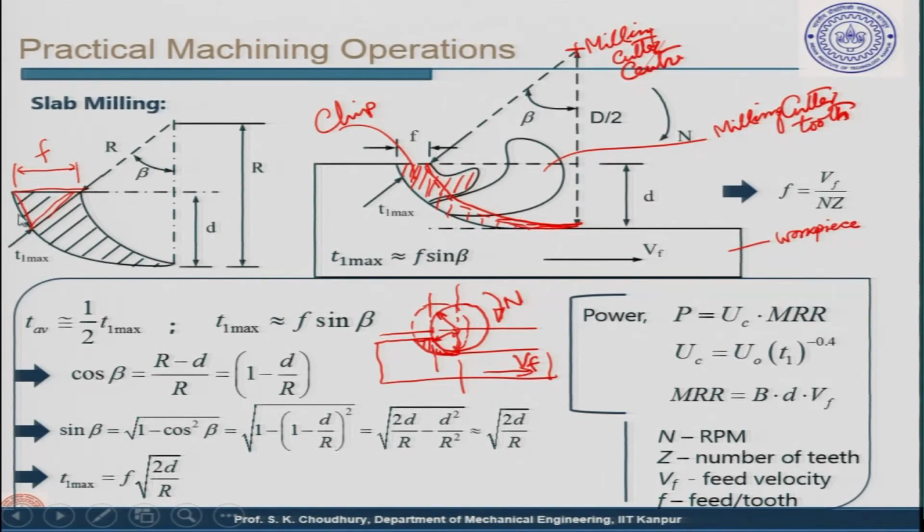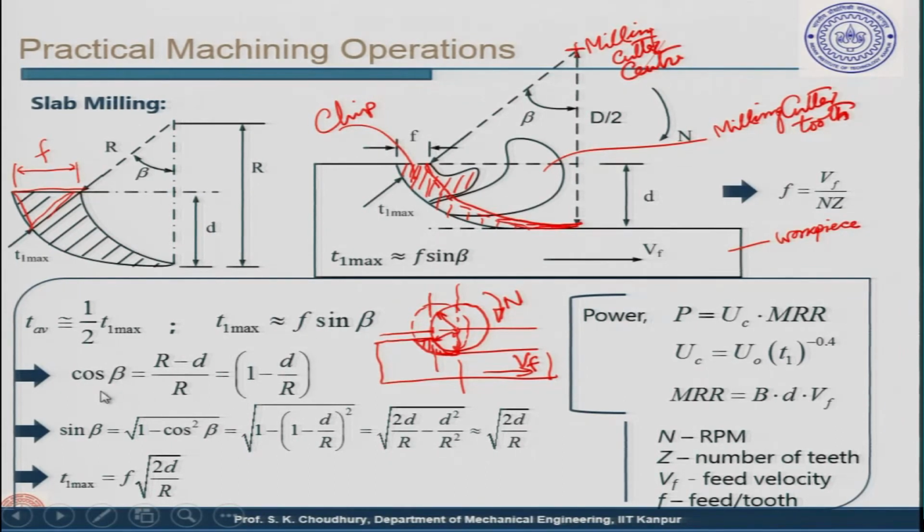This value is the depth of cut, because from here to here it is the depth of cut. And then the T1 average, as I was telling, is roughly taken as half of the T1 maximum, and this does not make much of an error. It is not an absurd approximation, and it gives a good result.